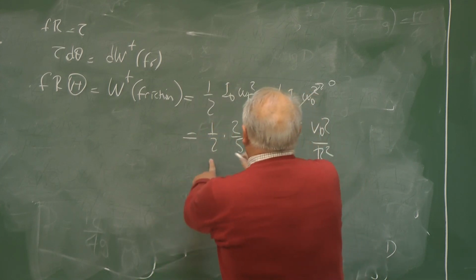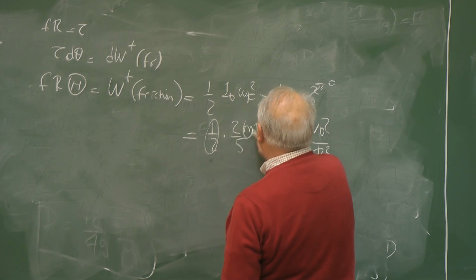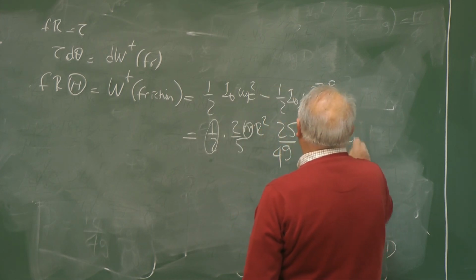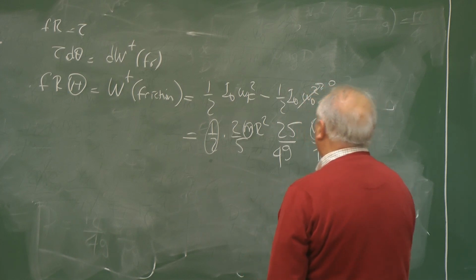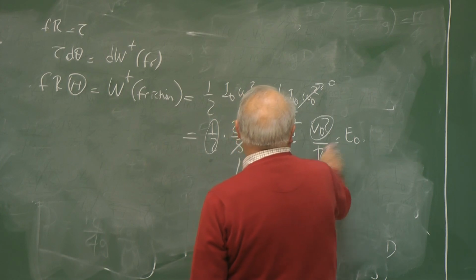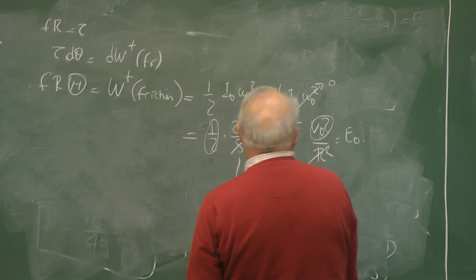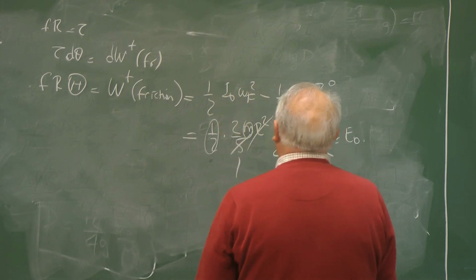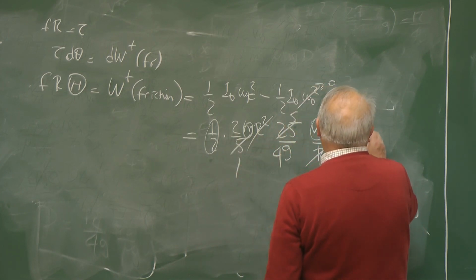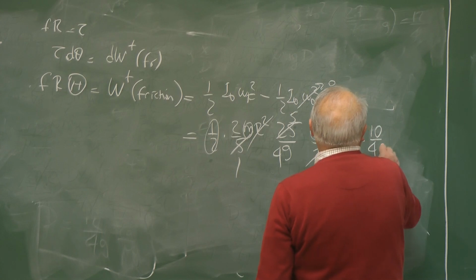So 1/2 m V0 square is the initial energy. So it is E0 times, R square cancels, 2 times 5 is 10, 10 over 49.